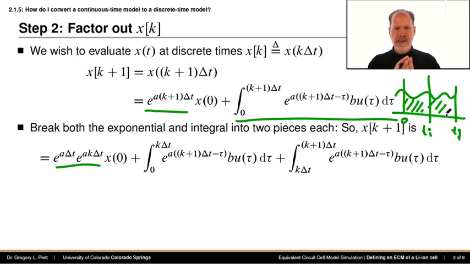I get the same result as if I had just done one integral from 0 to tf. So we're taking advantage of that property. It's going to be helpful to break this integral up. The first integral goes from 0 to k times delta t, and the second integral goes from k delta t to k plus 1 delta t. And nothing inside of the integrand has changed at all. I've just broken up the limits of the integral so far.